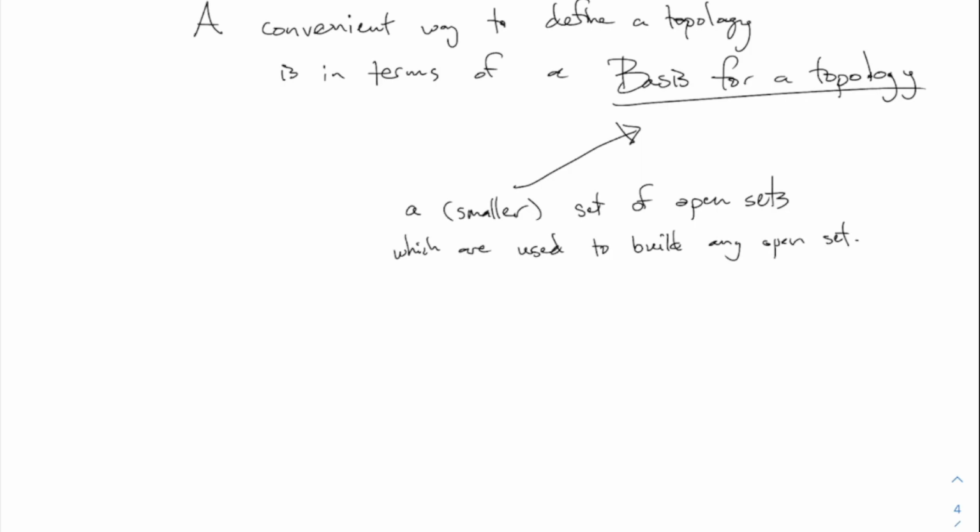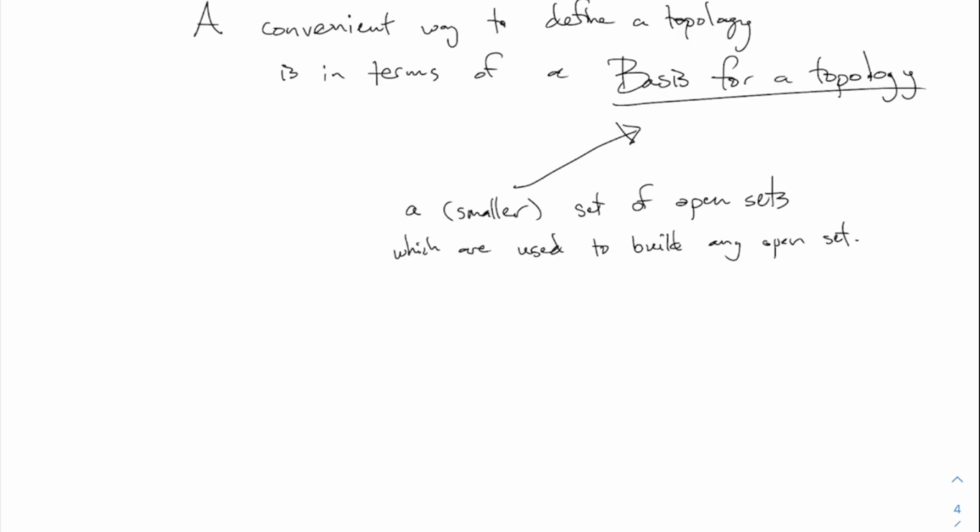When I've been speaking informally, I've said many times the standard topology for R is the one that you get using open intervals. I hope you all agree with that. To say it technically, the open intervals are a basis for the topology on R, and any open set in R can be written as a union of open intervals.